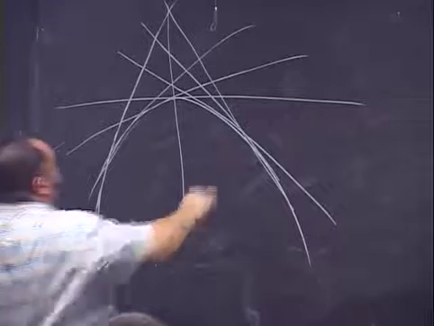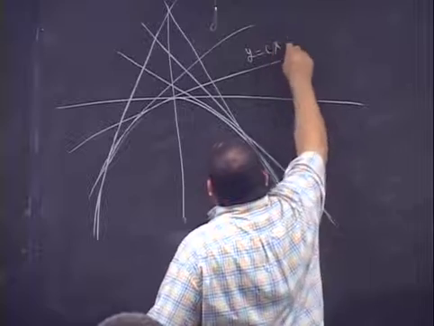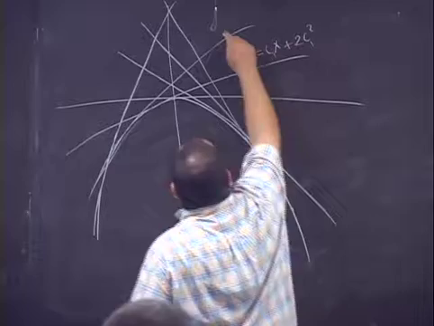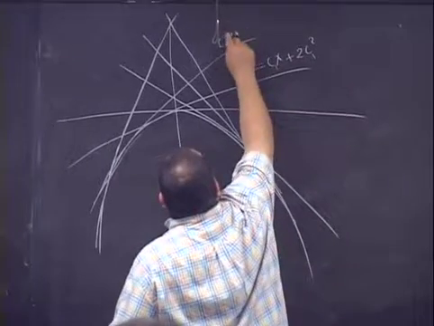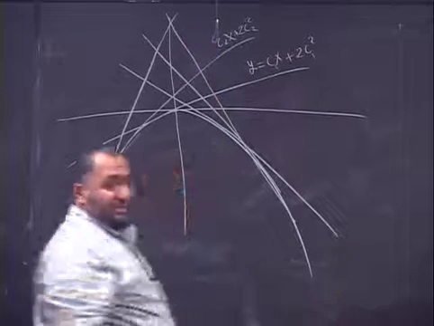So all those lines are cx + 2c², with c1, c2x plus 2c² and so on.